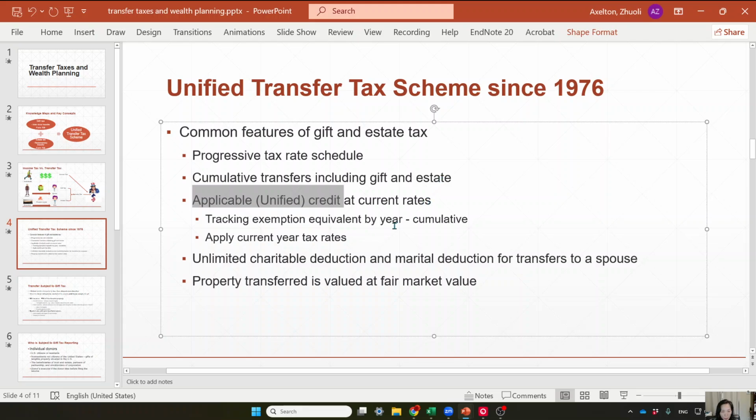So there are a lot of new terms here. Again, this exemption equivalent is also tracked year by year. It's on a cumulative basis. And further, there's an unlimited charitable deduction and a marital deduction for transfers to a spouse. And generally speaking, the transfer of property is valued at the fair market value of the property at the time of the transfer.